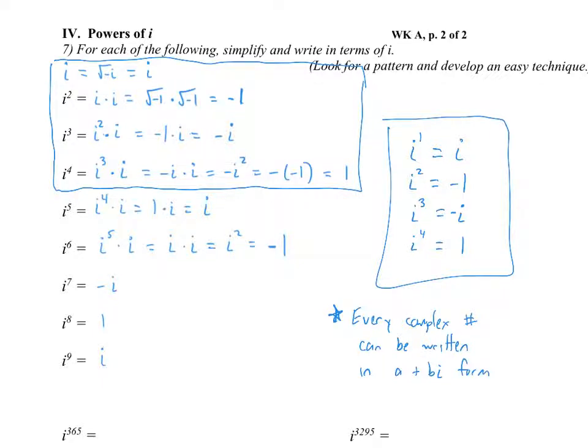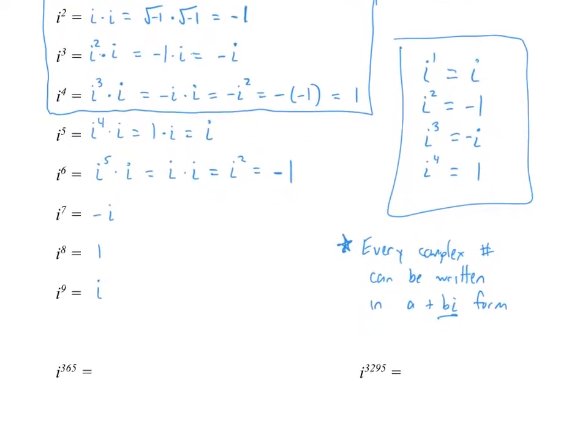So this bi term needs to simplify either into a real number, if it's i squared or i to the fourth, or into a term where the exponent of i is 1, like i to the first is i, or i cubed is negative i. Okay, so we can simplify all these complex numbers into this form, right? We shouldn't see any other exponents of i other than 1, right?